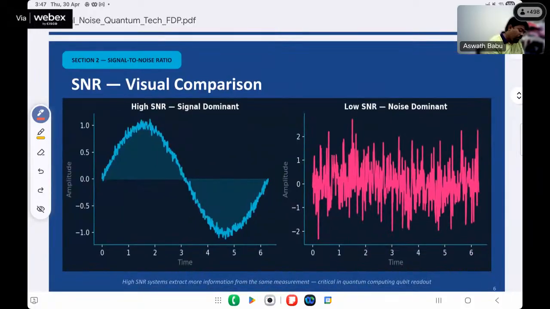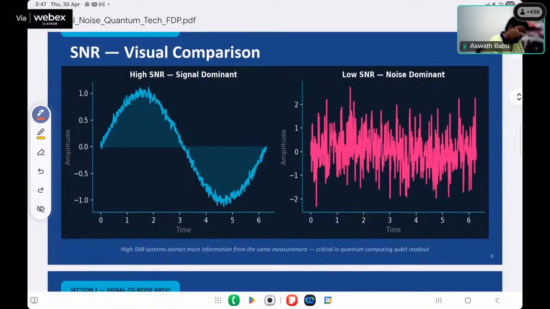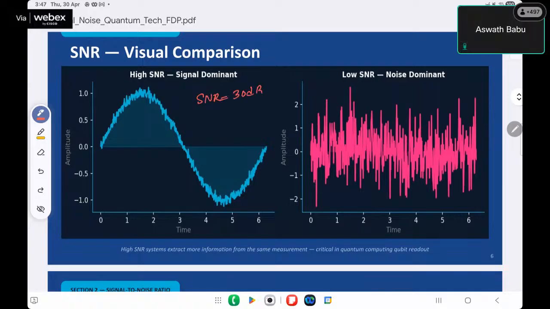Okay, fine. So there is a visualization, like I was telling you. You see here, SNR visual comparison. If I happen to have, let's say, noise signals, my SNR is in the 30 decibel range.